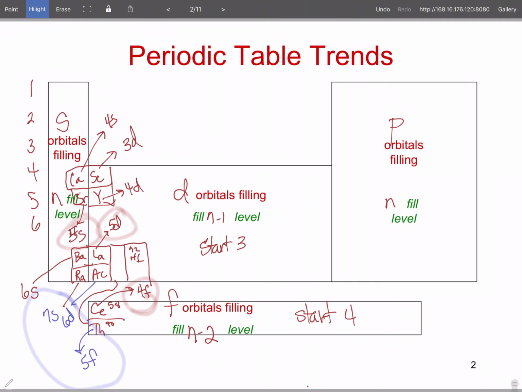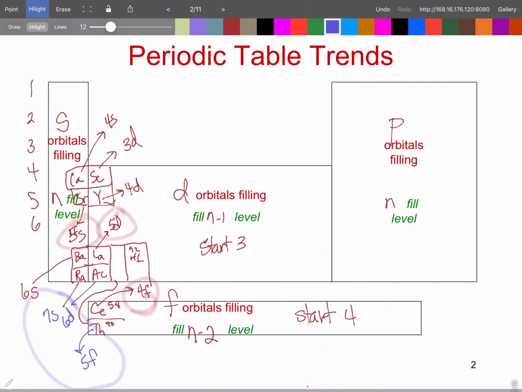The f's start at the 4th energy level, the d's start at the 3rd energy level, the p's start at the 2nd energy level, and of course the s's start at 1. So you have 1s1 and 1s2, because that's hydrogen and helium.